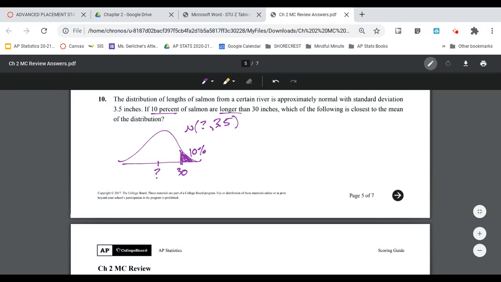So this is what we know. This is our situation. So I'm going to take that 10% and turn it into a percentile. Because if 10% is above, 90% is below.